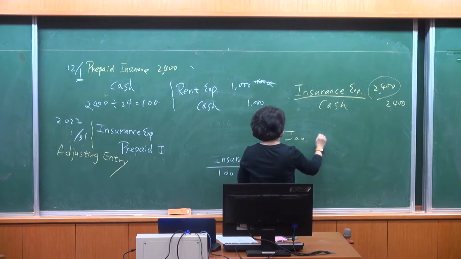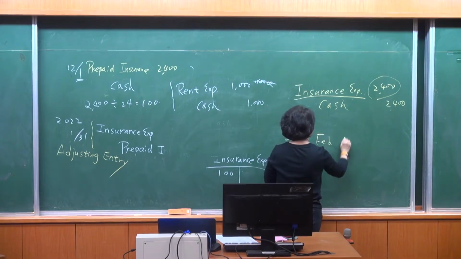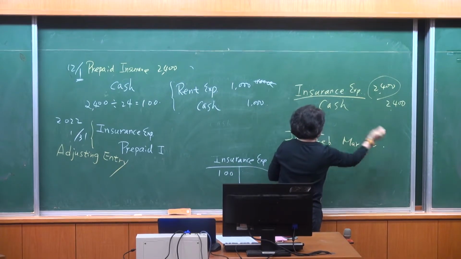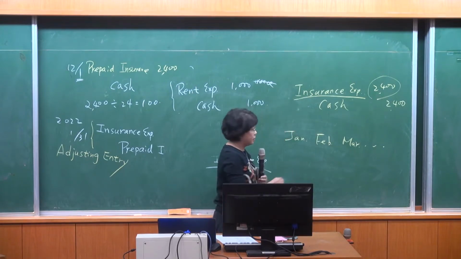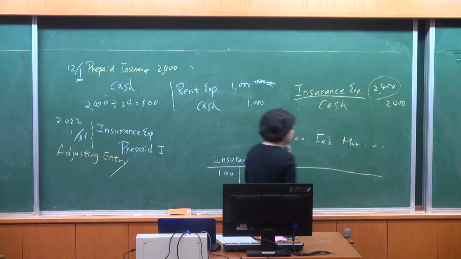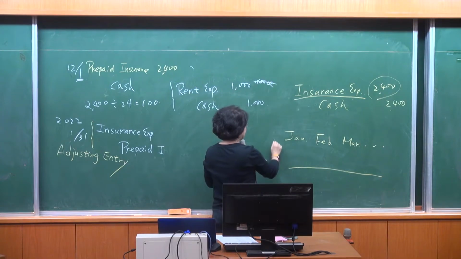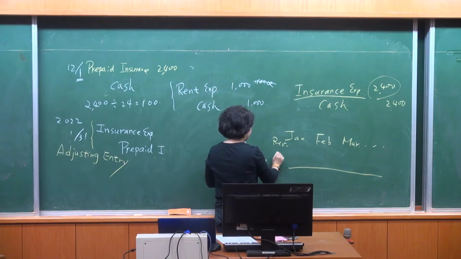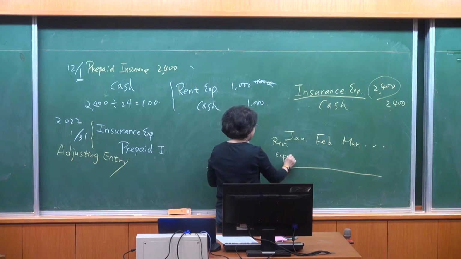Because I found that for certain months, like January, February, March... What is an income statement? You have some revenue, then you have several expenses.